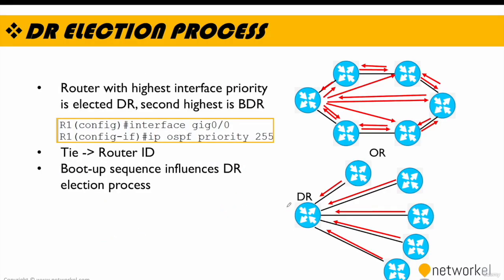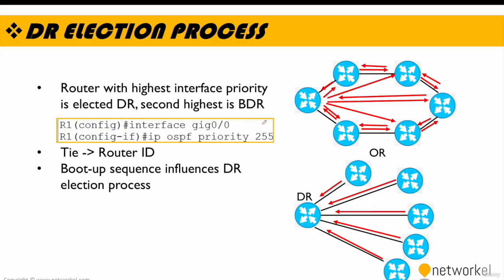In the designated router election process, the router with the highest interface priority is selected as DR and the second highest will be the BDR. If there is a tie in interface priority, the router with the highest router ID will be the DR and the second highest will be the BDR. Also pay attention that the boot up sequence influences the DR election process as well.